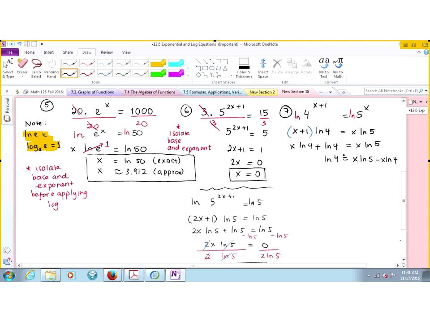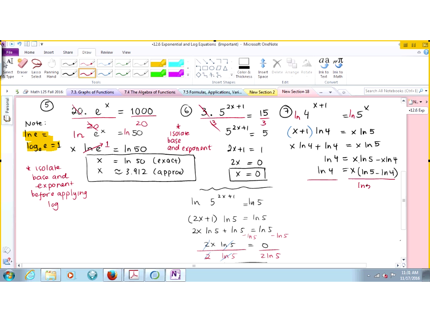All right. So I have 2 x's here. What am I supposed to do? Factor it out. So x times ln 5 minus ln 4 is equal to ln 4. Okay, so how do I solve for x?